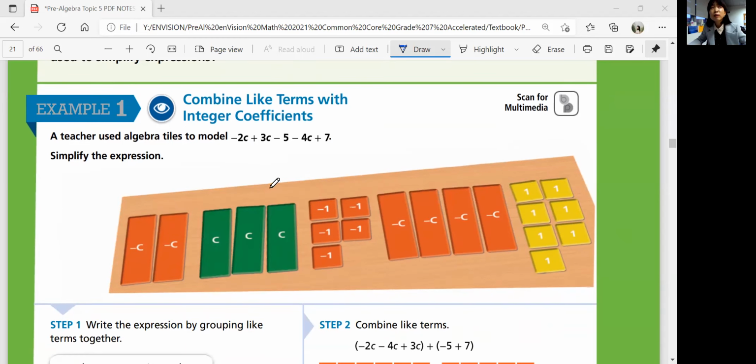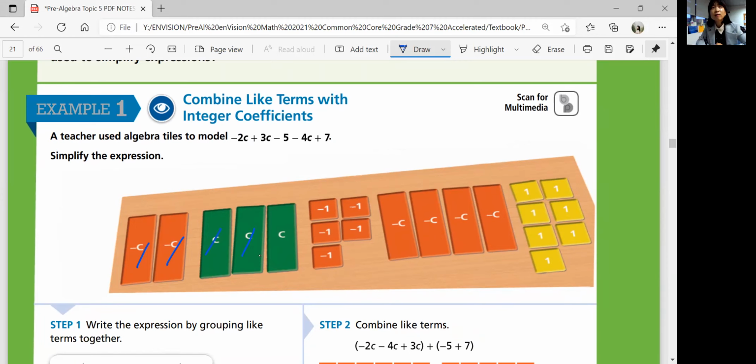So look at this algebra tile. You can simplify the expression. So C's together can be added and subtracted. Red tiles and green tiles, positive and negative, together, they could be taken away. They're gone, okay? So -1 plus 1 is 0, right? They cancel each other out. So you can cancel these together and cancel these together and have one C left. But you have more C's here, right?